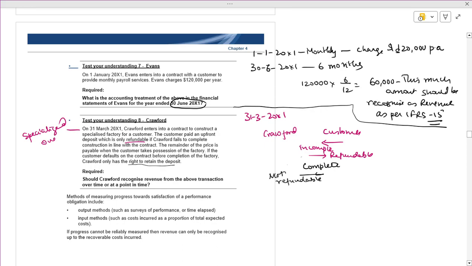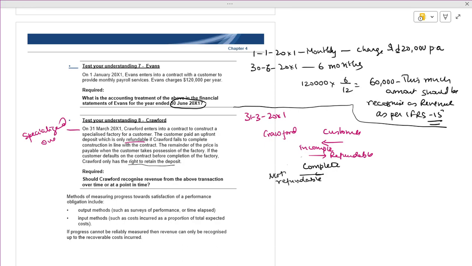If it is completed, Crawford has the right, not refundable, if it is incomplete. Now, if the customer is defaulting, after some time the customer will keep quiet, he will give up. If that is the case, then whatever amount has been deposited will be retained by Crawford. This is the normal situation that always happens in business terms and conditions.